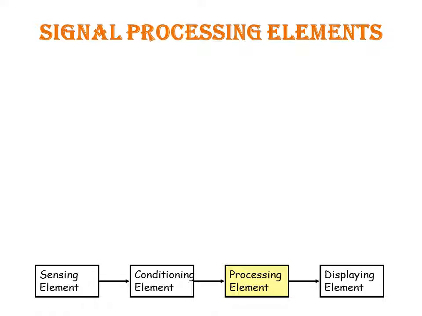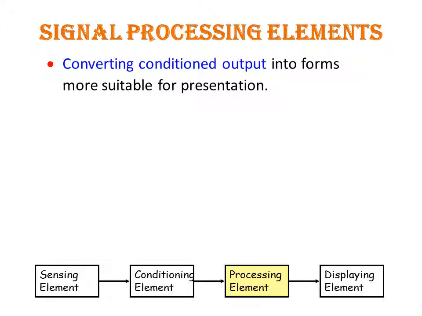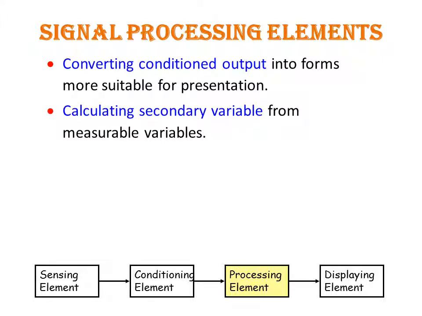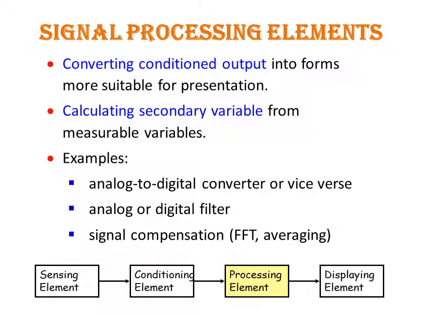The next basic block is the processing element. The processing element converts the conditioned output into a form suitable for presentation. So it calculates the secondary variable from the measured variables. For example, it can be an analog to digital converter or a digital to analog converter.